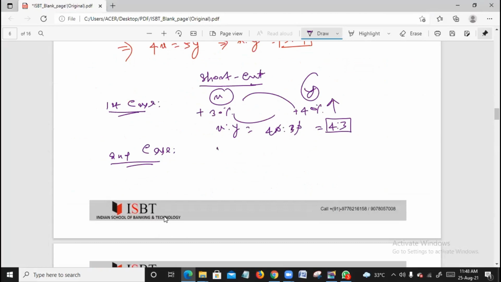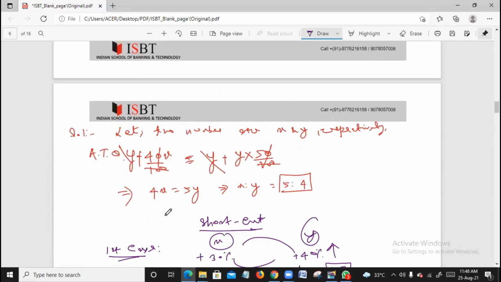Here is x. 40% of number subtracted from the another number. The second number also decreases by 50%. Okay, just reverse x is to y means 50:40. That is 4:5. Okay, and the answer was 4:5.